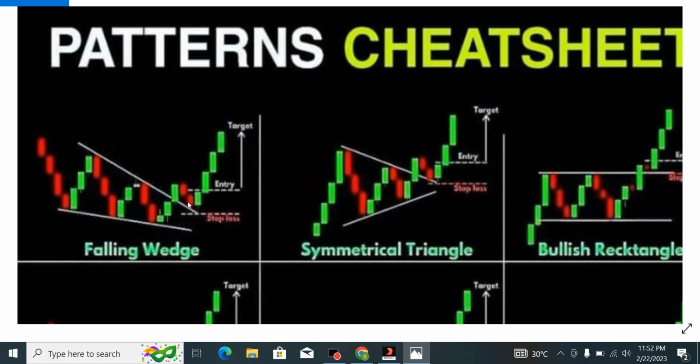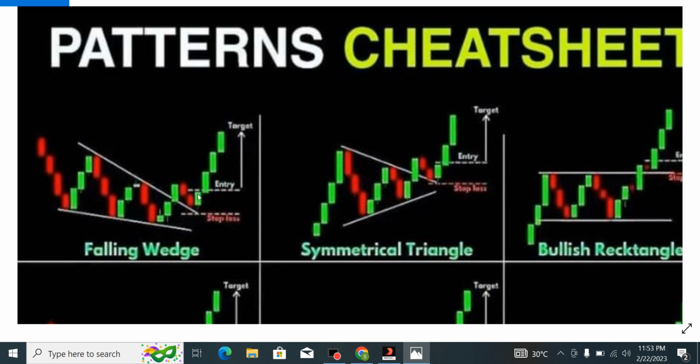So in case it comes back, it won't go too far before it gets to your stop loss. But if it does not and goes in our direction, then you're going to make a lot of profit. So you can see how profitable this can be.